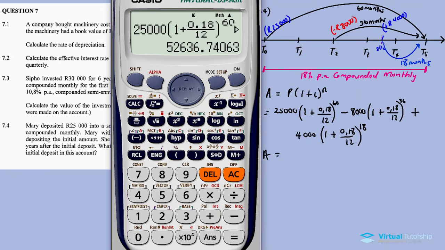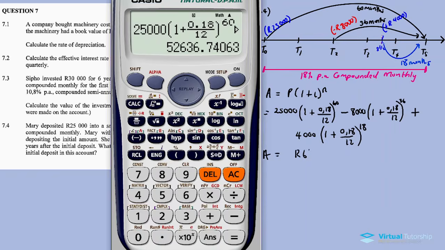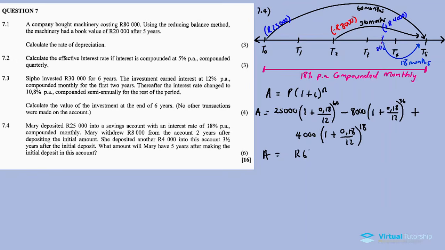The answer is 52,636.74 rand. This is our final answer for this financial mathematics question.